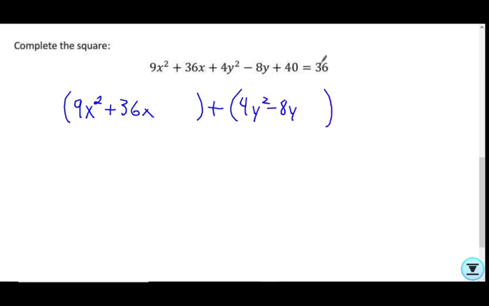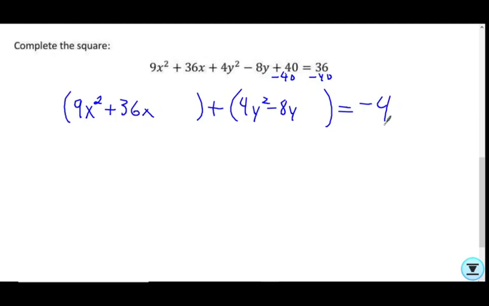And then I'm going to move the 40 to the other side, and you get negative 4 over here. So basically, I moved all of my terms that didn't have x or y to the other side, I grouped my x terms, and I grouped my y terms.